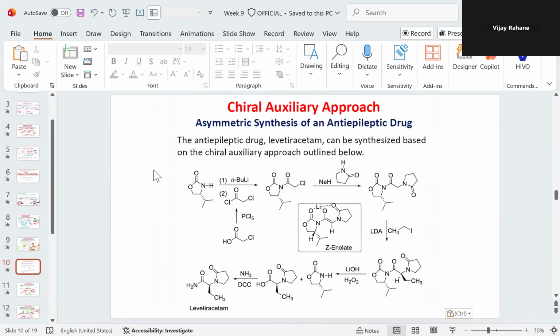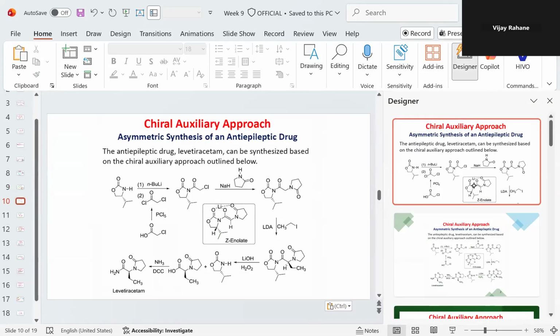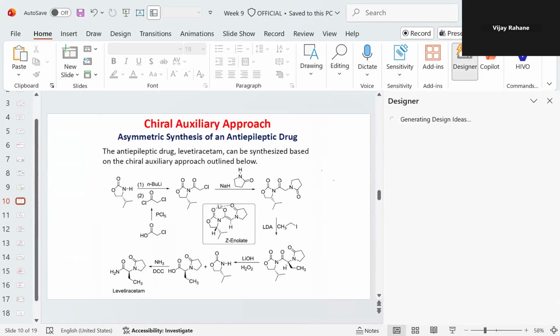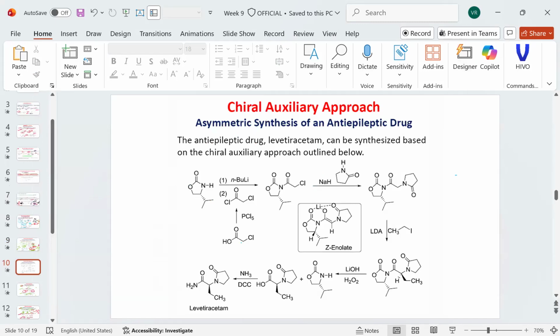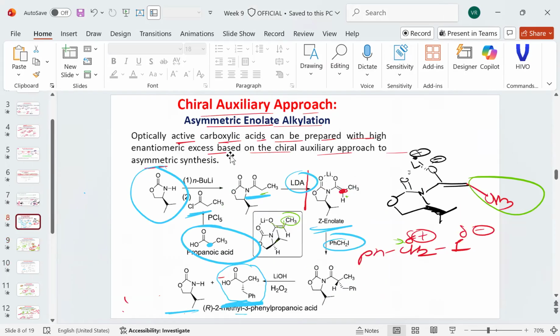Okay. So auxiliary means the temporary unit we can incorporate into our achiral substrate. We have this starting material. I should take another example instead of this one. I will take the simple example first.